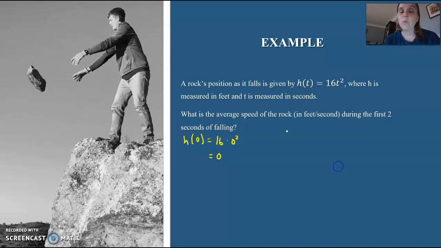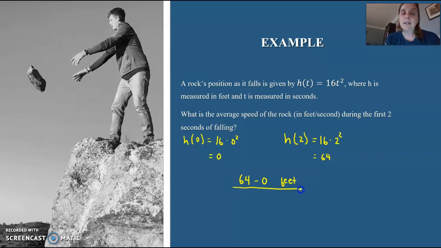And then I would figure out where is the rock after 2 seconds, at the end of the first 2 seconds of falling. So that would be 16 times 2 squared, which would be 16 times 4, which would be 64. And then we're going to do the slope formula between those 2 points. So 64 minus 0 is the change in position, so that's going to be feet.